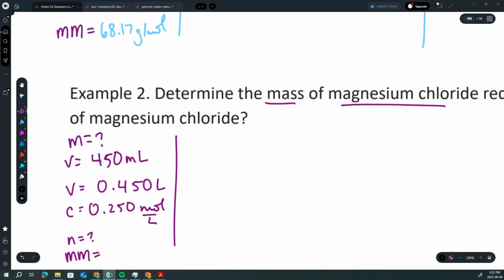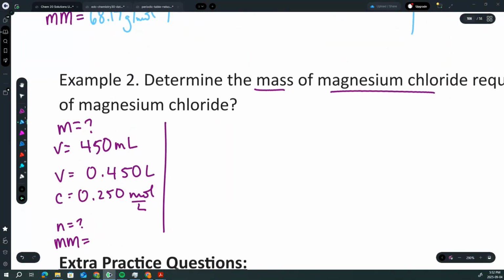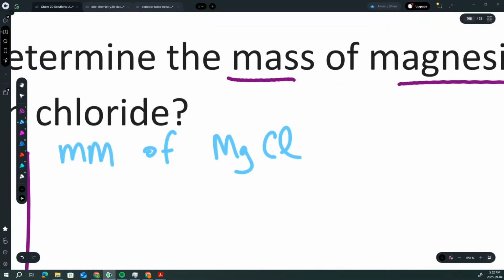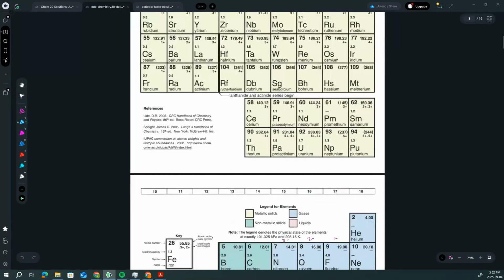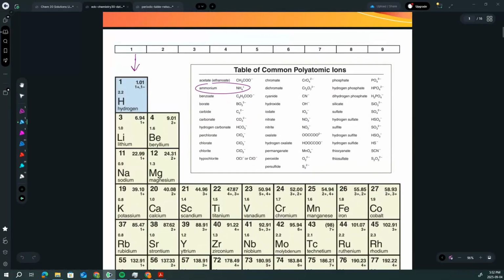Okay. So with magnesium chloride, that's going to be magnesium and then chloride. So magnesium, if we look at our periodic table, notice how we're going to find it right here in group 2, and it likes to have a 2+ charge.